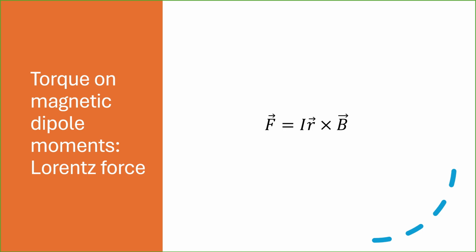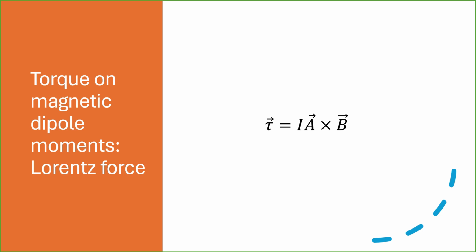And as we know, the torque is the cross product between force and the arm. So we cross an arm on, which is the same r as I just wrote before. And this is just equal to the area, arm times arm. That's the area. So we actually end up with the product of the current and the area vector crossed with the external magnetic field.